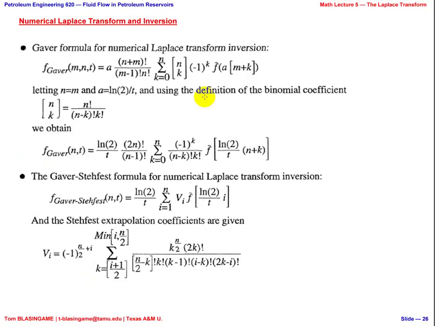Let's say that you want to use two terms. This would expand like this: V1 times the function evaluated at this point times 1, plus V2 times the function evaluated at this point times 2, where V1 and V2 are computed with this formula.